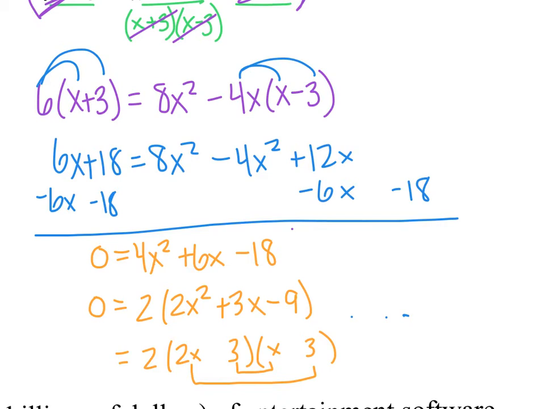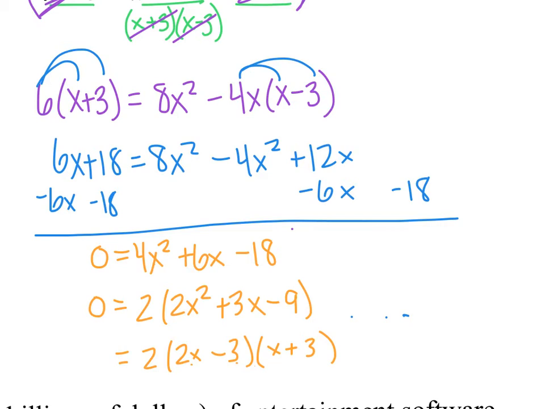So if we need to have positive 6 and negative 3, then we need plus and minus. Again, you guys are more than welcome to use your diamond and rectangle. I just prefer the guess and check method and the foiling to check it.